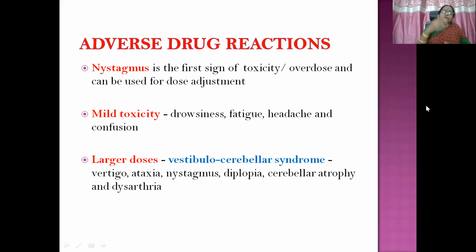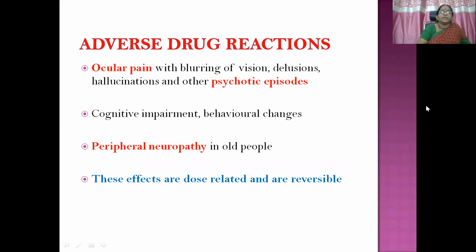Larger doses, further going, vestibulocerebellar syndrome, like vertigo, ataxia, nystagmus, diplopia, cerebellar atrophy, and dysarthria. Ocular pain with blurring of vision, delusions, hallucinations, and other psychotic episodes. Then cognitive impairment and behavioral changes are the most problematic. Then peripheral neuropathy in old people, and these effects are dose related and reversible.